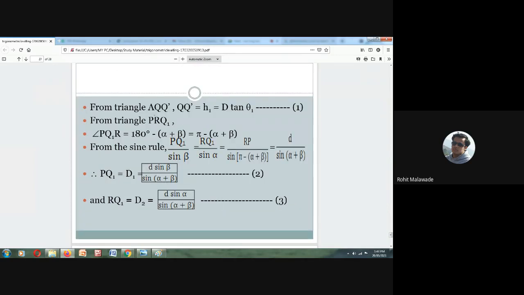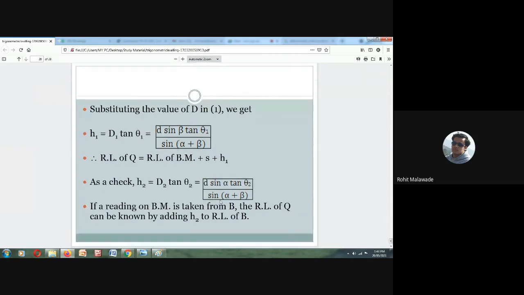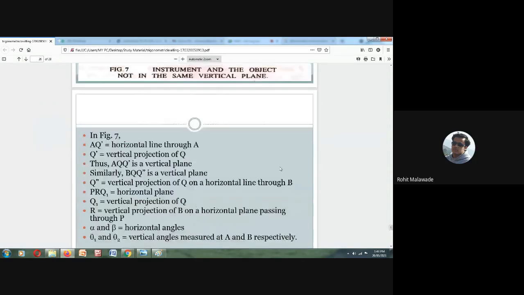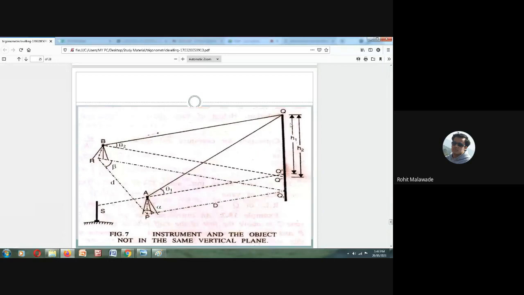So we will be having all these calculations, but we are interested in these particular formulas. How H1 is going to be determined, that we will see. Now H1 can be determined using the formula here, theta.